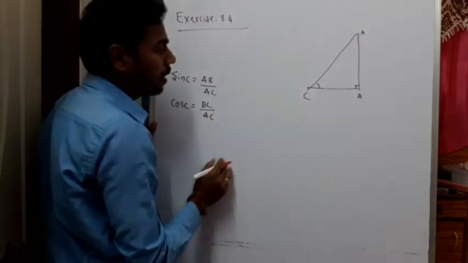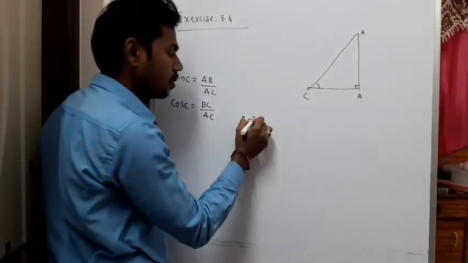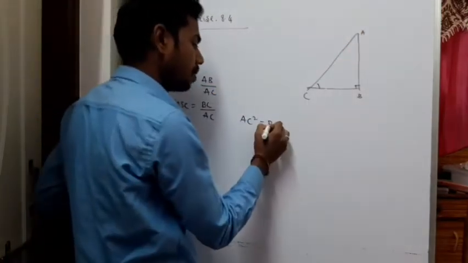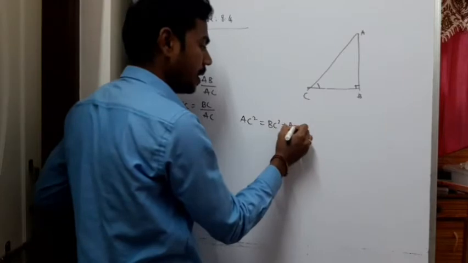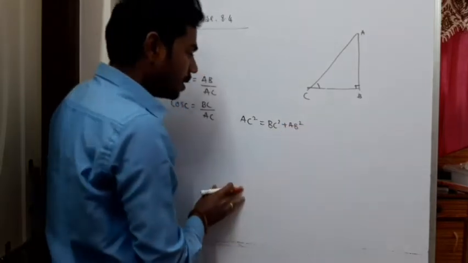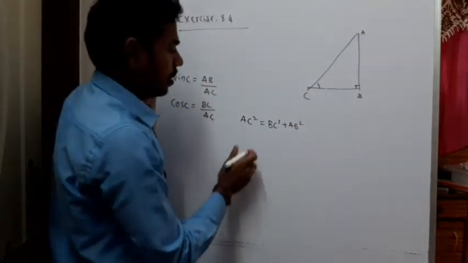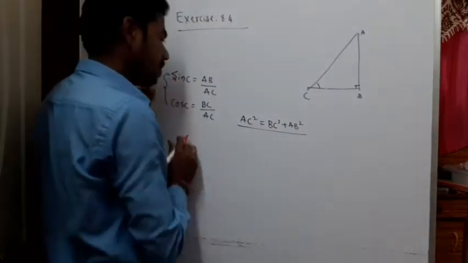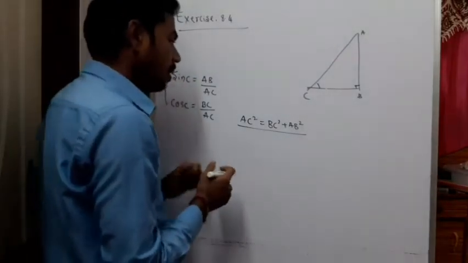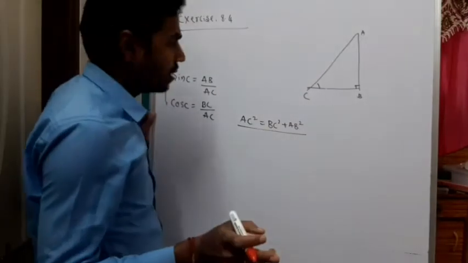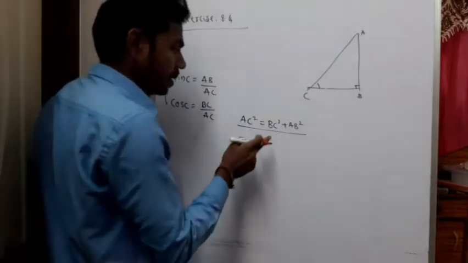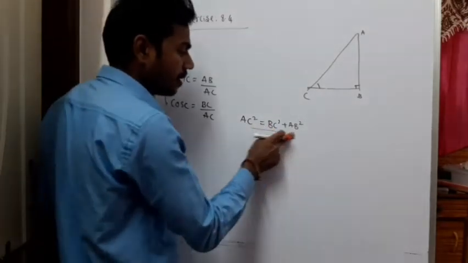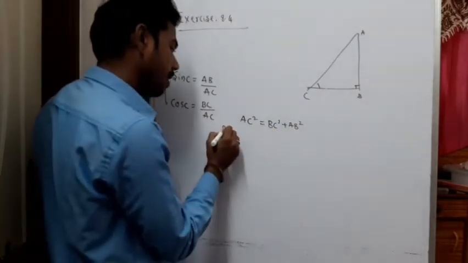Now, we know that from Pythagoras theorem, AC square is equal to BC square plus AB square. We need to prove one of the identities in terms of sin C and cos C. To get sin C and cos C, I need to divide the entire equation by AC square.